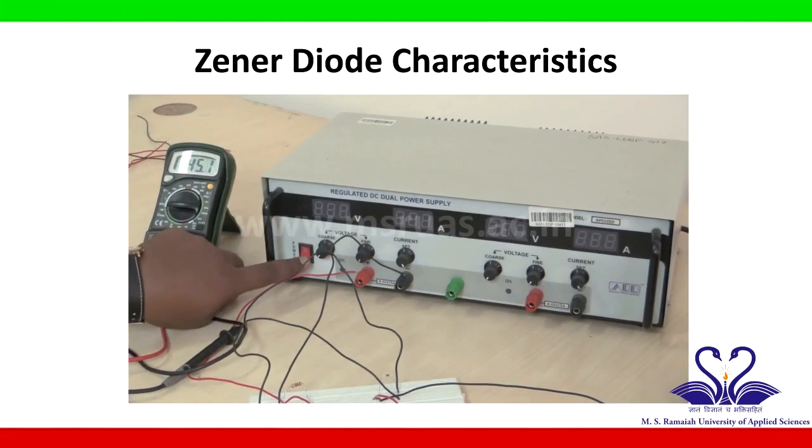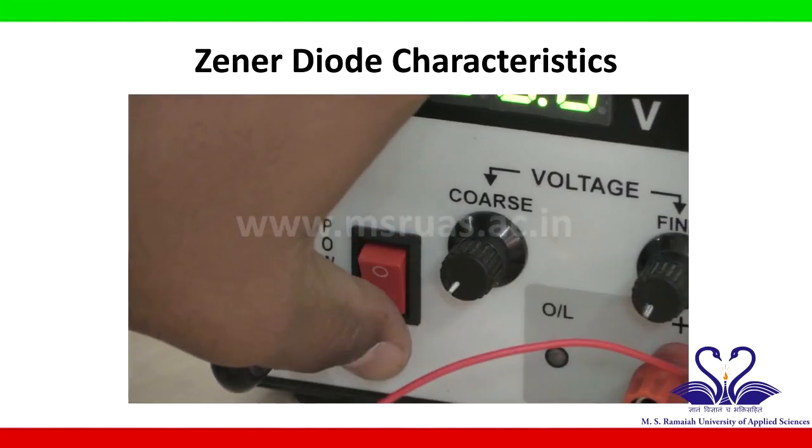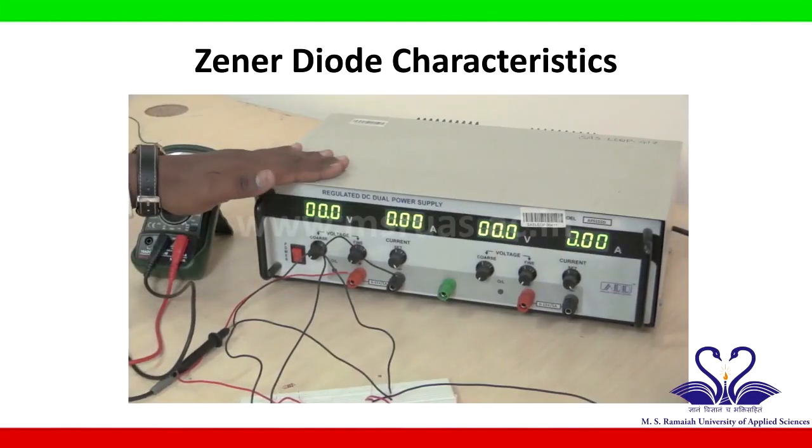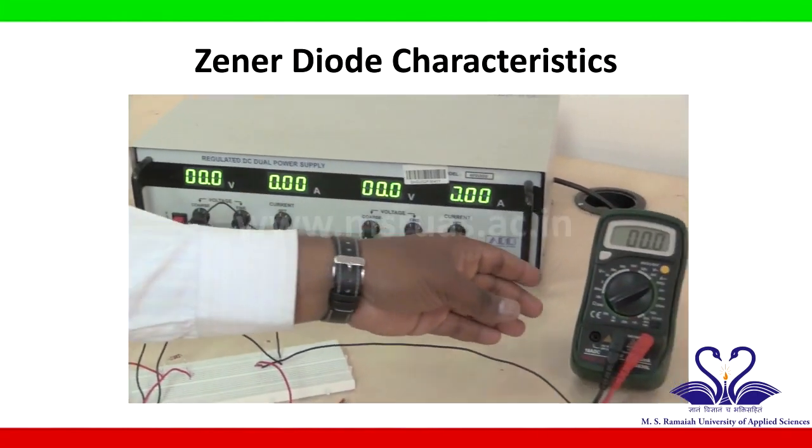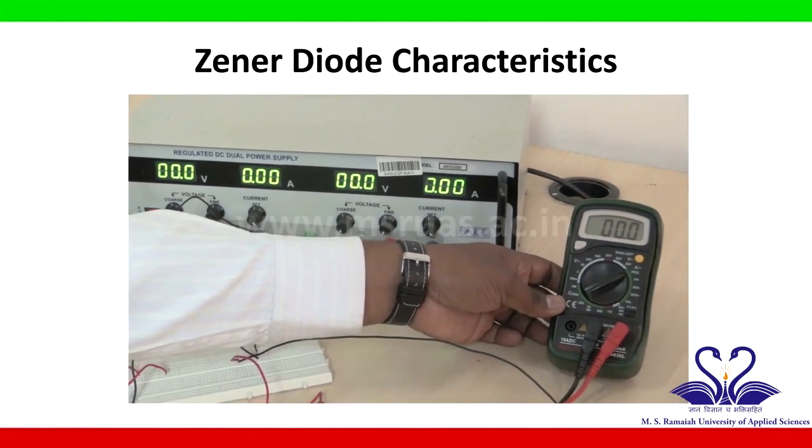Now turn on the dual DC power supply. This is the input voltage, this is the voltage across the Zener diode, this is the current through the Zener diode.